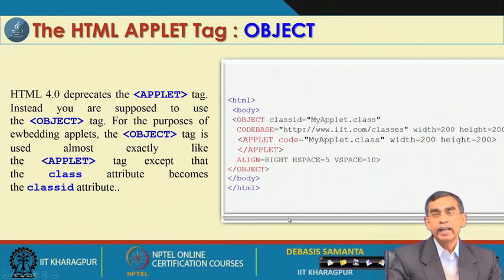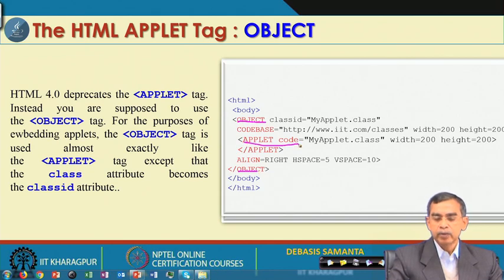And here again, suppose you do not know whether your browser will support HTML4 or HTML5 or upwards. So, sometimes, to make it more robust, version independent or compatible to any version, some HTML designers use both object and applet tags here. For example, object is there and then the applet tag is also there.